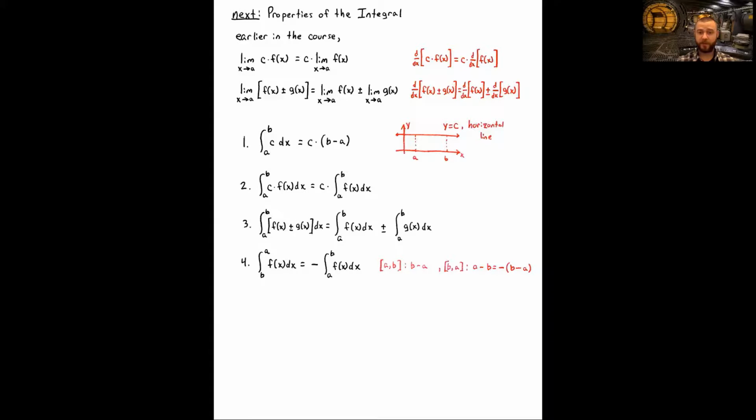Well, it's the right endpoint minus the left. The length of the interval from b to a is a minus b. And if you factor out a negative, you can rewrite a minus b as negative, that's where it comes from, b minus a. So basically this says, again, if you reverse the values of your left and right endpoints or reverse the limits of integration, you introduce an extra negative.